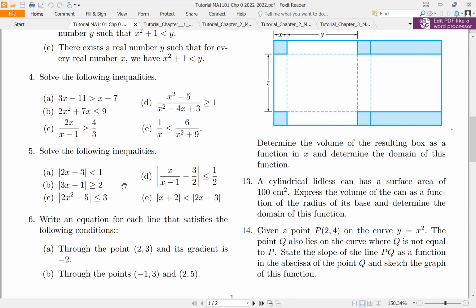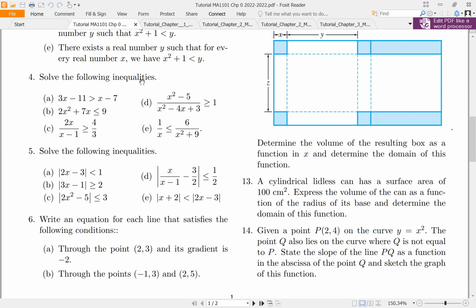For example, 5A is the solution to the inequality absolute value of 2x minus 3 is less than 1. So the basic idea will be to write 2x minus 3 is in between minus 1 and 1, and then simplify it. 2x minus 3 is between minus 1 and 1, so 2x is in between 2 until 4, so x is in between 1 until 2.